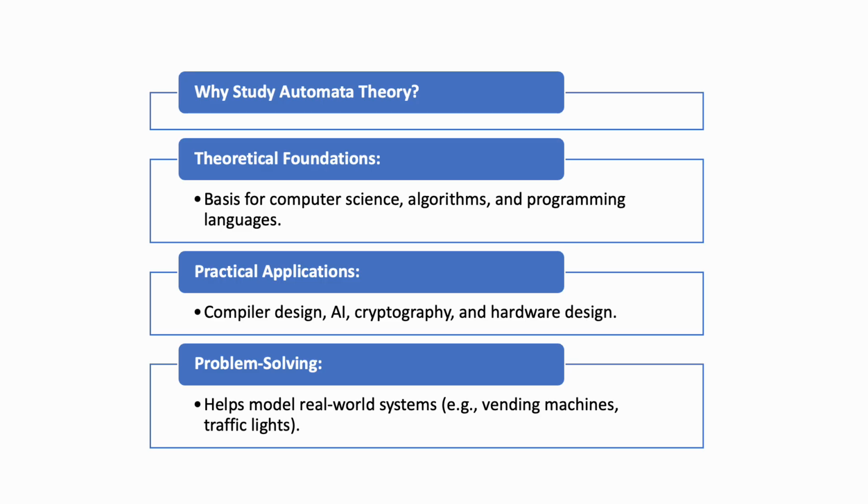The next day, David sketched out a DFA for the vending machine. During his study period, he identified three key states: waiting for coin, coin inserted, and dispensing drink. The transitions were straightforward.